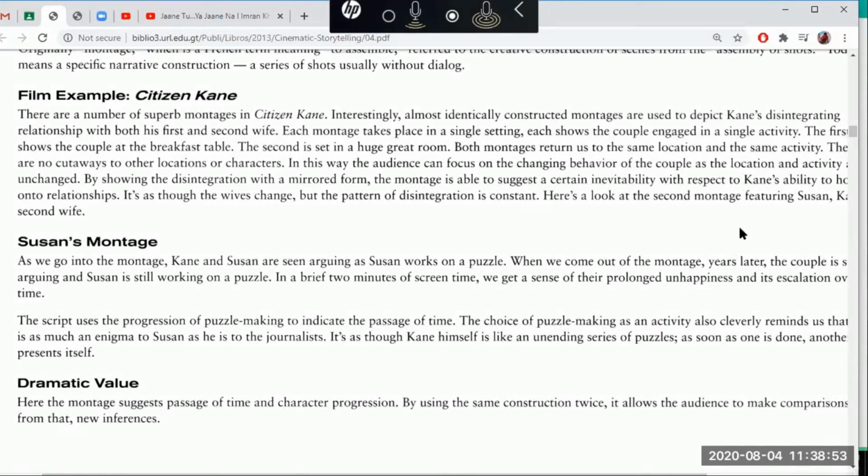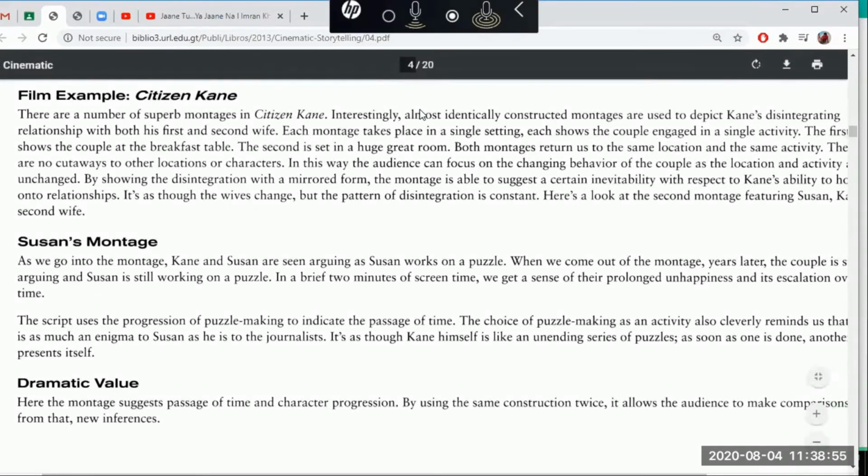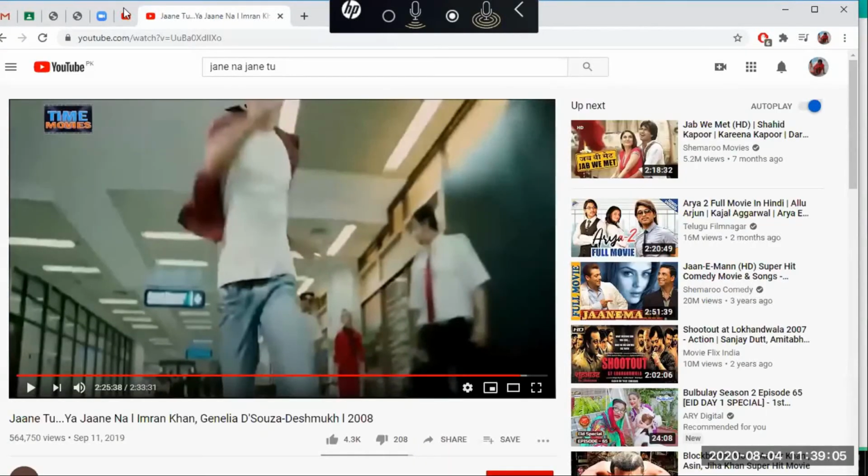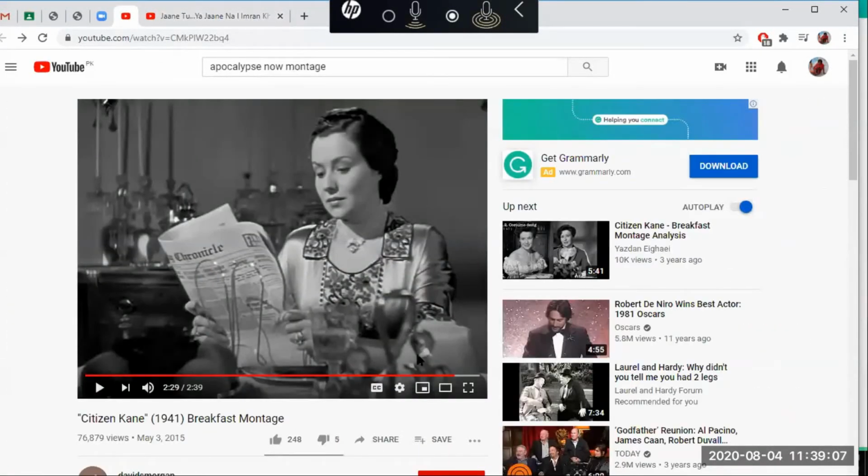So it just says that Citizen Kane used identically constructed montages all the way through, right? Because in this particular scene, all these scenes were identical. It was the same dining table.